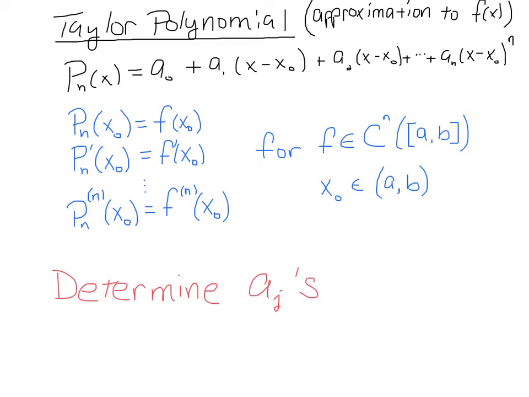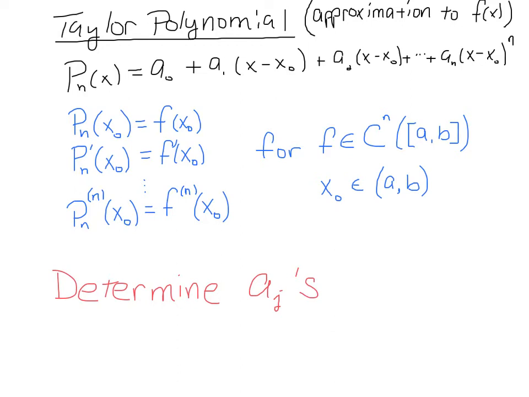So what we do here is we write the polynomial so that it is of this form: a naught plus a1 times x minus x naught, plus a2 times x minus x naught squared, and so on and so forth.